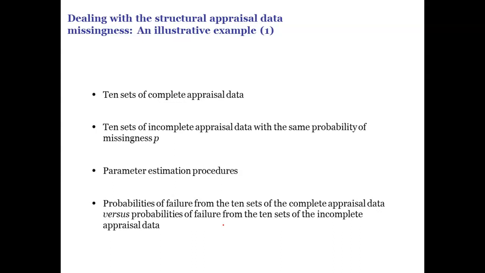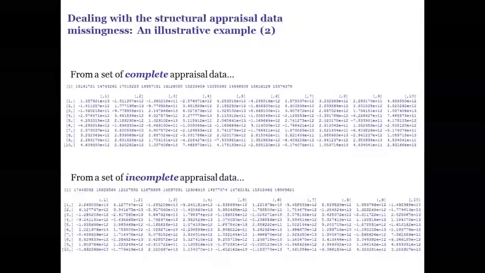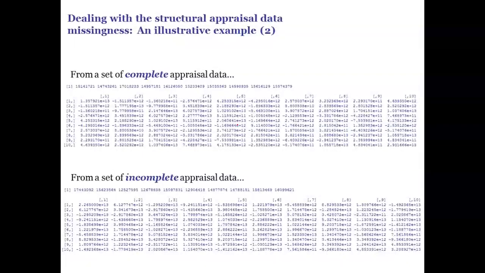After that, we carry out the damage prognosis, and then we will have 10 probability of failure values obtained from the incomplete data scenario. So this slide shows just some intermediate results.